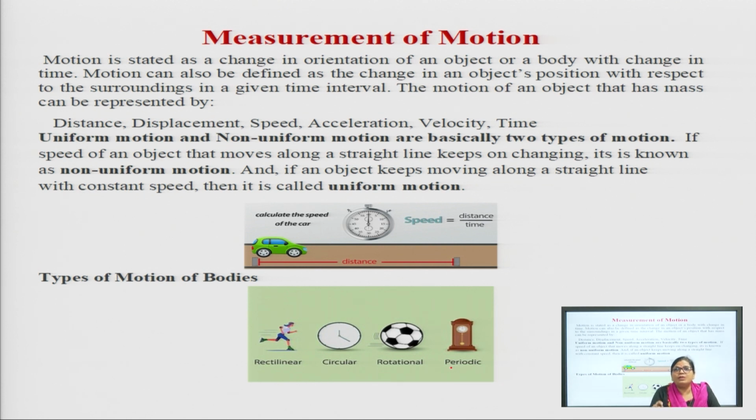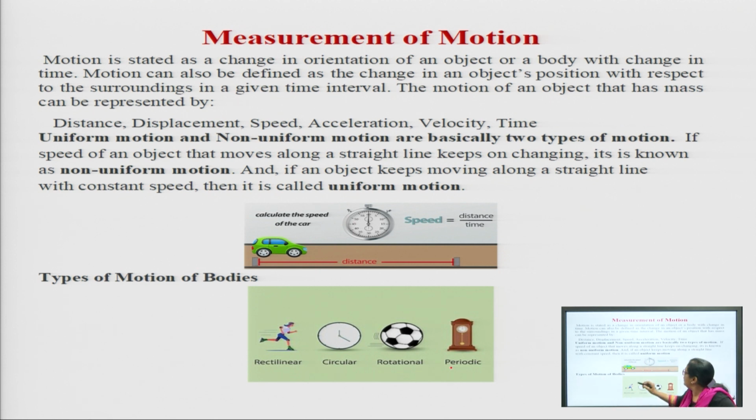So the motion of an object that has mass can be represented by the distance, displacement, speed, acceleration, velocity, and time.